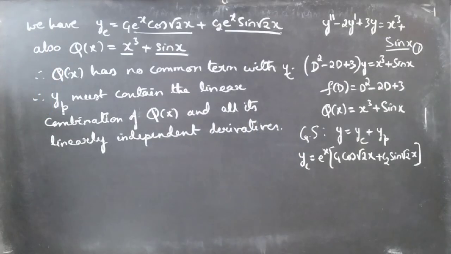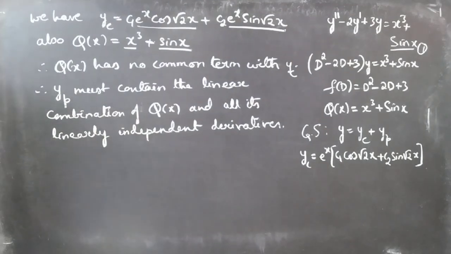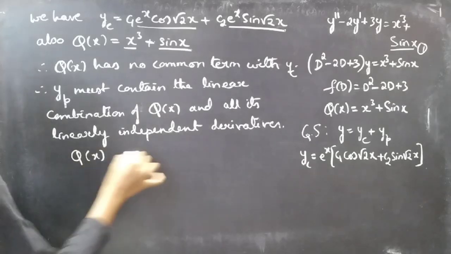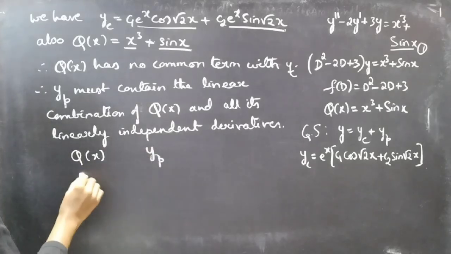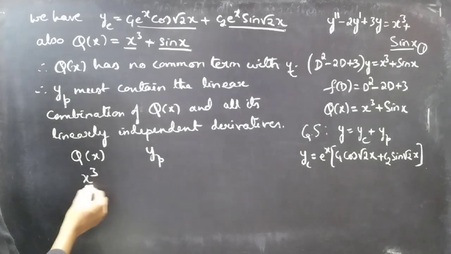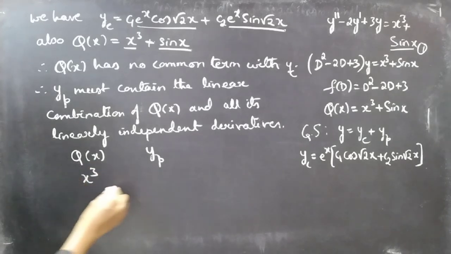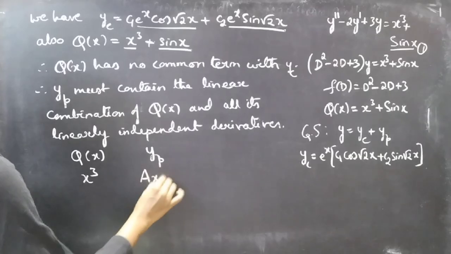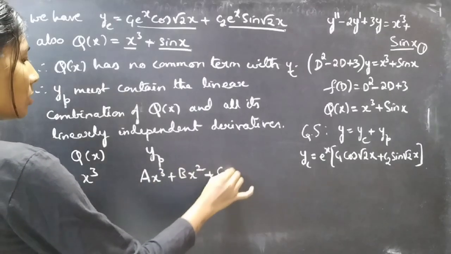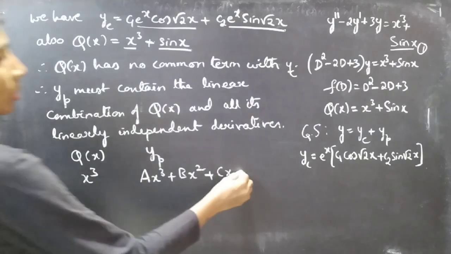Okay, fine. Let's see the formula first. Suppose you have a term x cube in q of x, then yp will have the corresponding formula to x cube, which will be ax cube plus bx square plus cx plus d.